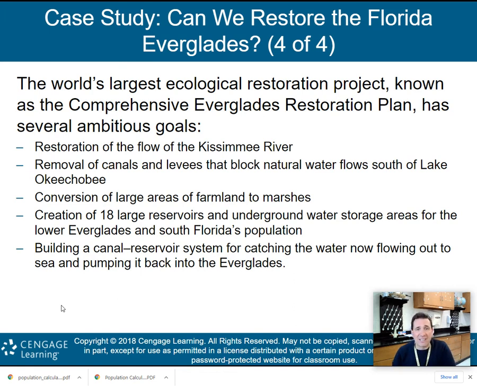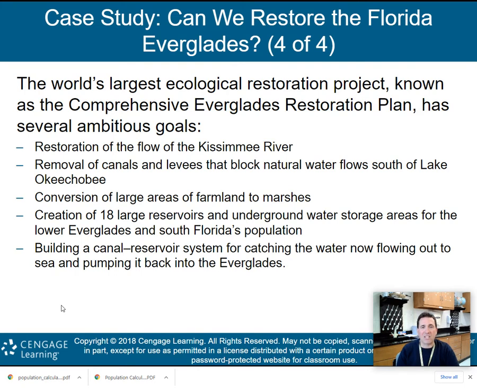Removal of canals and levees that block natural water flow south of Lake Okeechobee. Basically what happened was they decided to block these natural water flows to create some agricultural land, which obviously is drying out the Everglades because you're not getting water from Lake Okeechobee to flow into the Everglades. Conversion of large areas of farmland to marshes. That's what they're trying to do now.